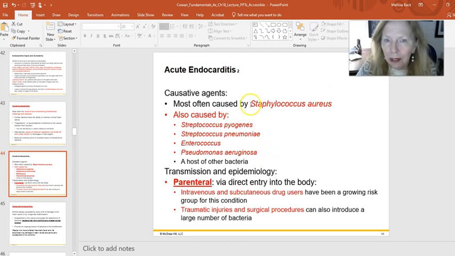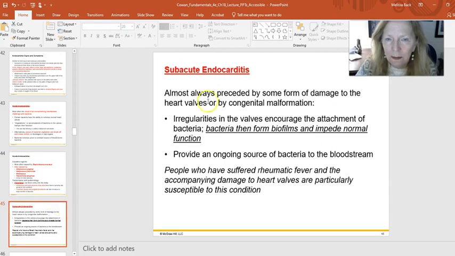Some of the bacteria that we think about are going to be Staphylococcus aureus. This is for acute endocarditis, but we can see others as well. But for acute, this is what we tend to see. Parenteral is directly entering into the body through drug use, contaminated needle sources and or trauma due to injuries like accidents and or surgical procedures where the Staph aureus has taken the opportunity to invade and cause an acute endocarditis.